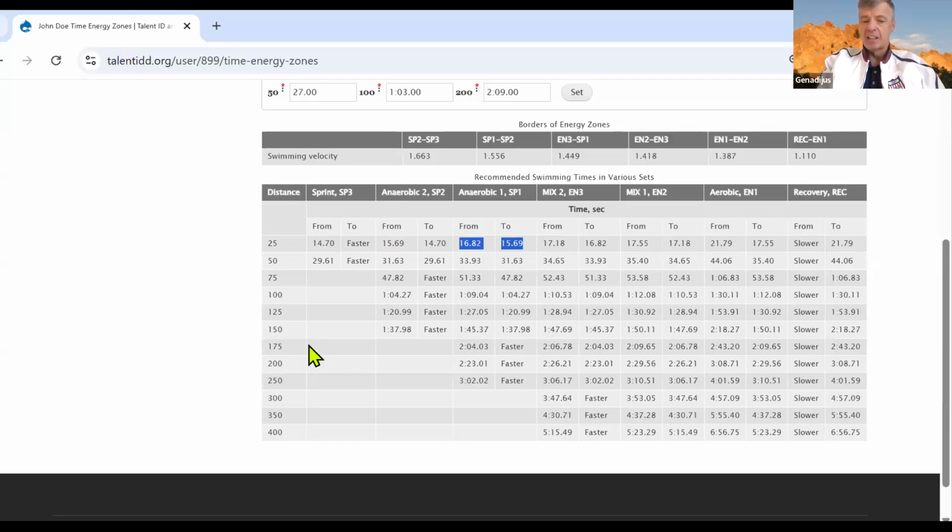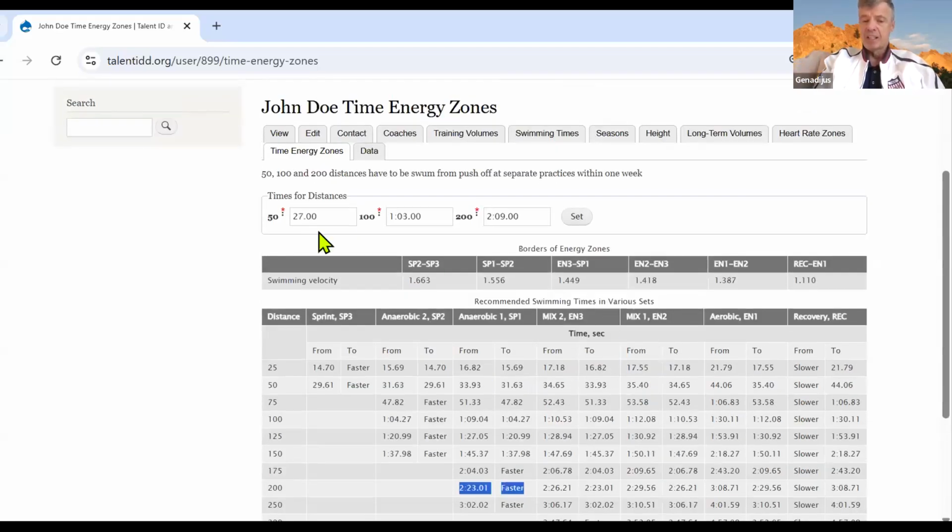Any distance, 100, 150, 200 repeats. Obviously, you cannot do sprint 200. That's why 200s start only with anaerobic sets and a relatively lower number of repetitions. And for this swimmer it would be 223 or faster, based on his times in practices, which are 27 seconds 50, 103 100, and 209 200.